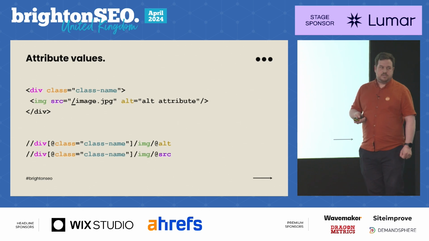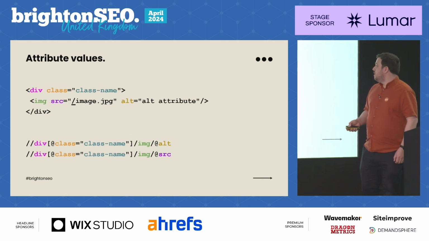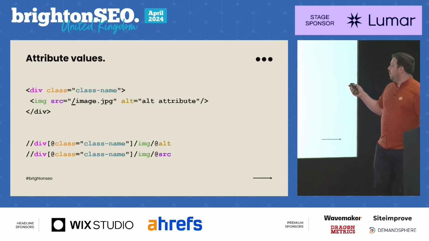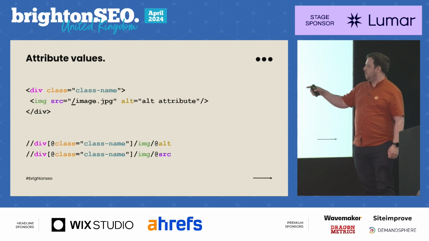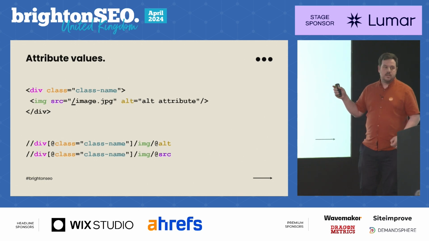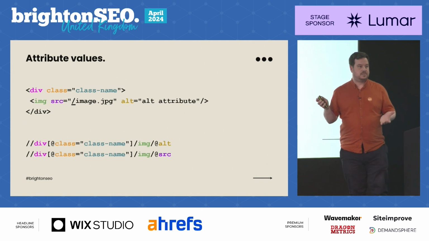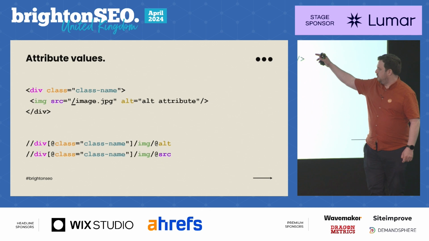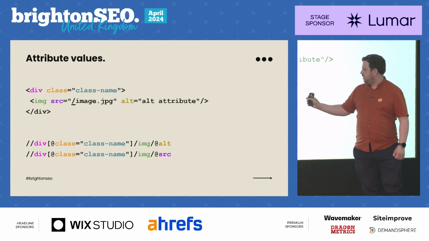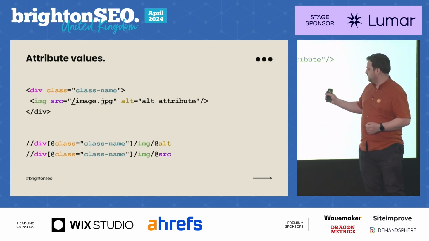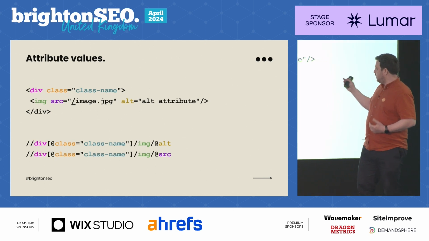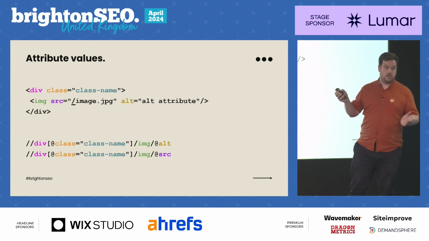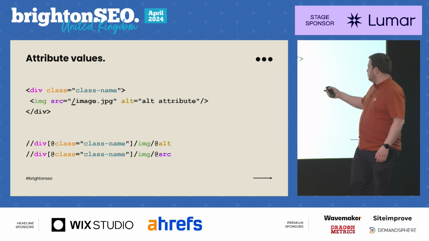In this example, I've used an image. I want to get the URL of the image, and I want to get the alt text, say if I want to audit the alt text of a website. So you start off, you target your div at the top, you go //div, open brackets, @class equals class name, great. And then you go /img, because you want to target your image tag, and then /@alt.